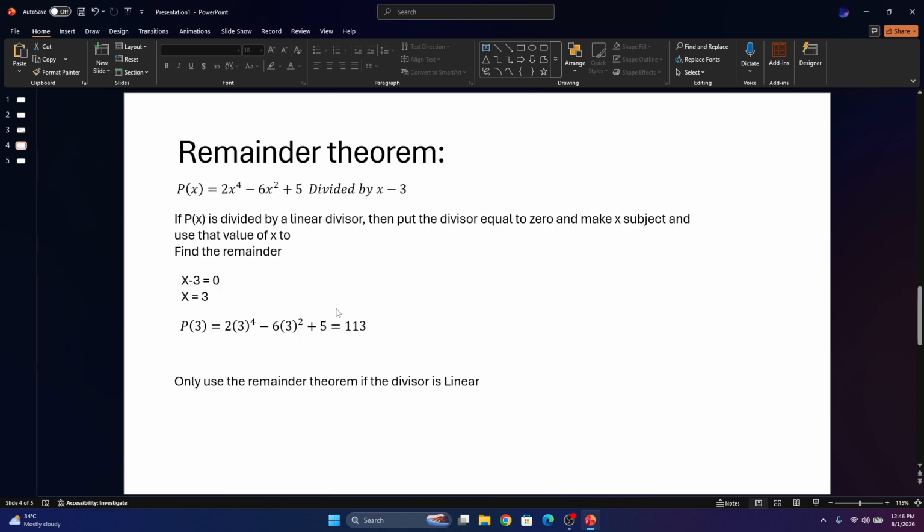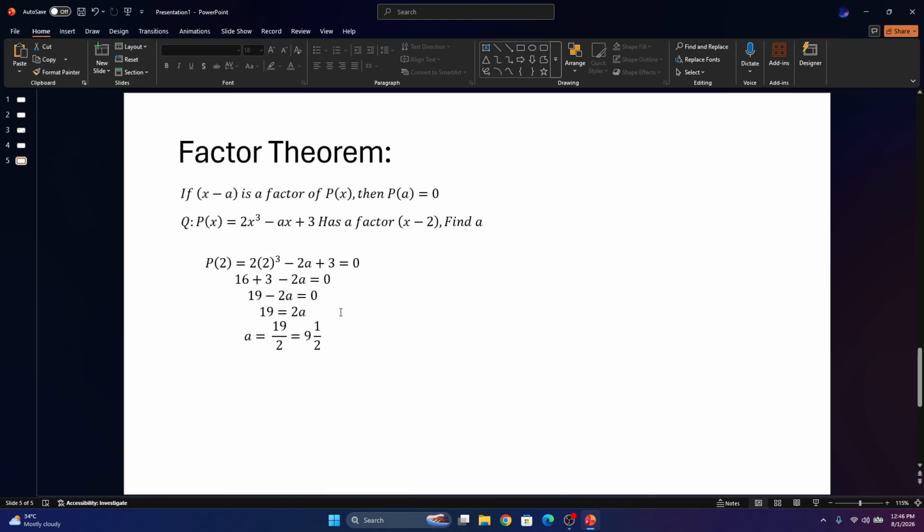These theorems are basically just used to verify our answers, or in smaller questions where we have to find the value of unknowns. Another thing to note is that if we are given a polynomial and we use long division to find the remainder and quotient, and the divisor is a factor, then obviously the remainder is going to be 0.